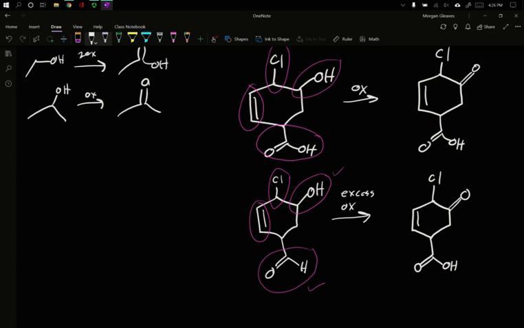And so in this case, we actually made the exact same product from two slightly different starting materials. One already had the aldehyde turned to a carboxylic acid, and our lower one was still an aldehyde that could react with oxidant. It's possible that more than one of your functional groups will be capable of reacting with the reactant. If that's the case, just identify what it will do and translate that into the product.